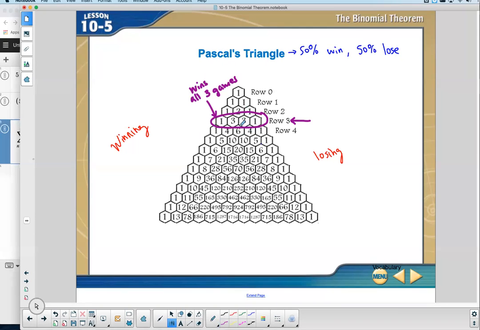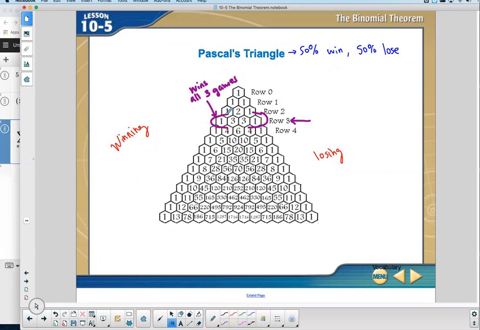For every one person who wins all 3, what does this 3 represent? Win, lose, win, lose. This 3 would represent someone winning twice and losing once. This 3 would represent not someone, 3 people. For every one person who wins all 3, you'll have 3 people.